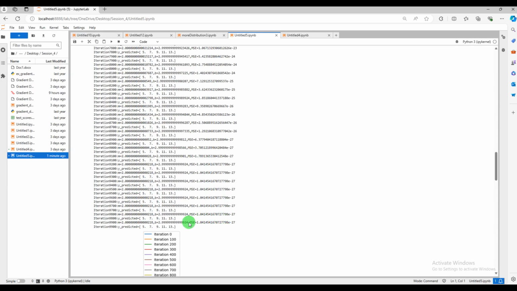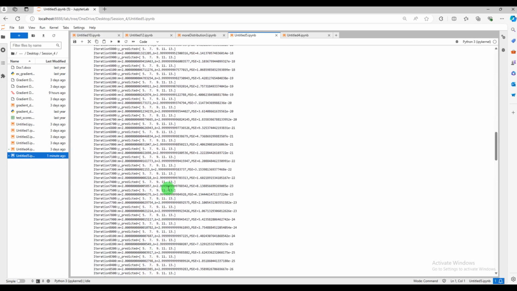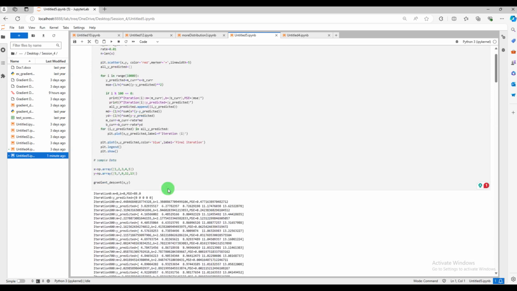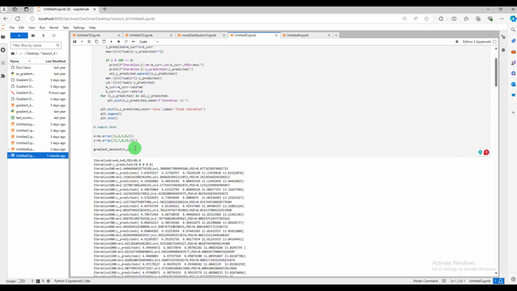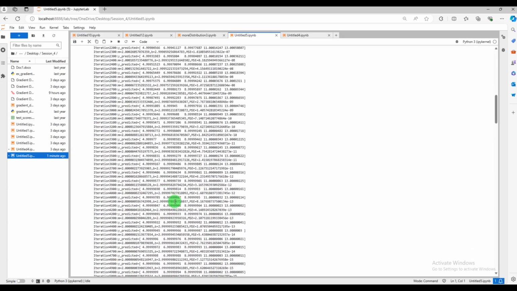This is our final, and you can see our predicted y value is exactly the same as the value we input in our code: 5, 7, 9, 11, and 13.